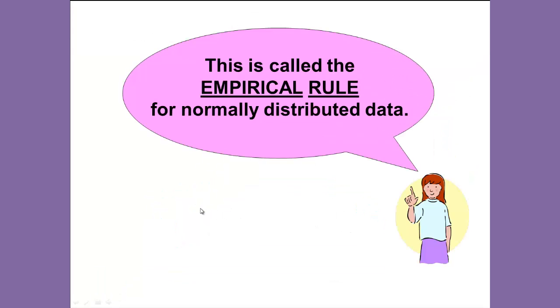This is called the empirical rule for normally distributed data.